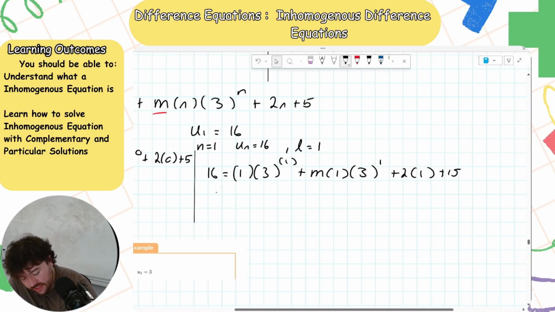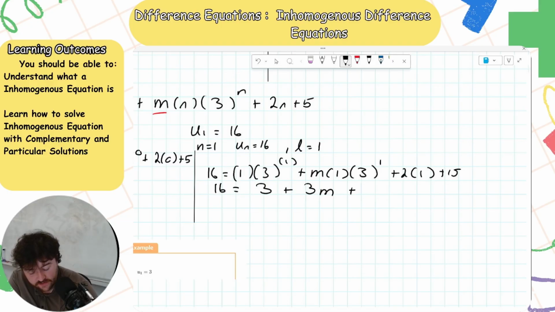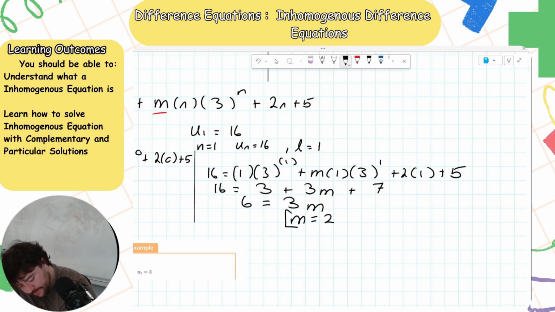That is going to be 16 equals 3 plus 3m plus 2 plus 5, which is 7. Sorry, it's 5. Handwriting's terrible. So bring all my numbers: 16 minus 3 minus 7 is going to be 6. So 6 is equal to 3m. M is equal to 2.